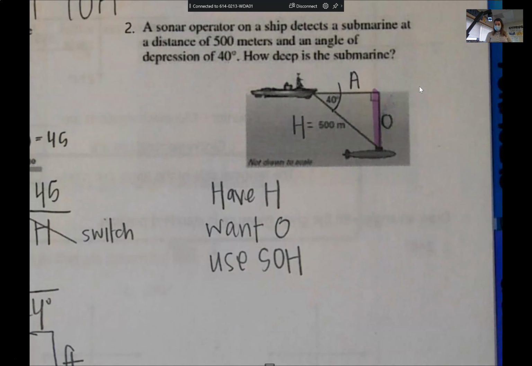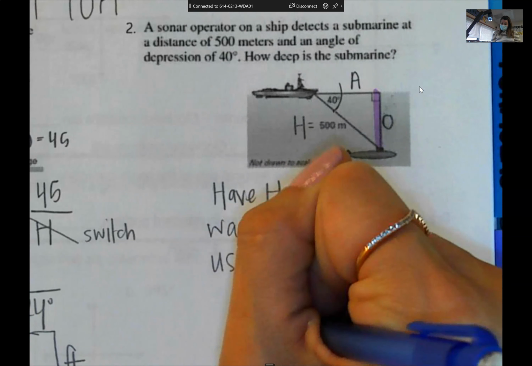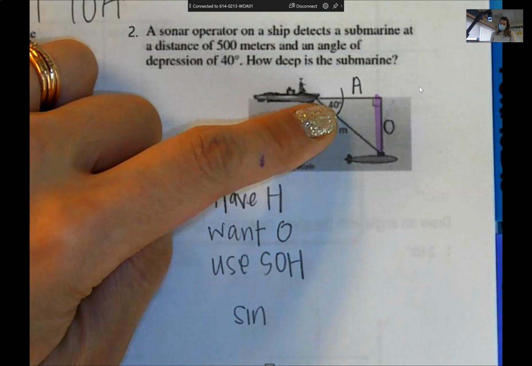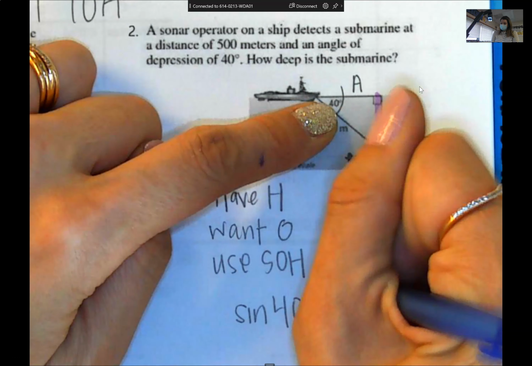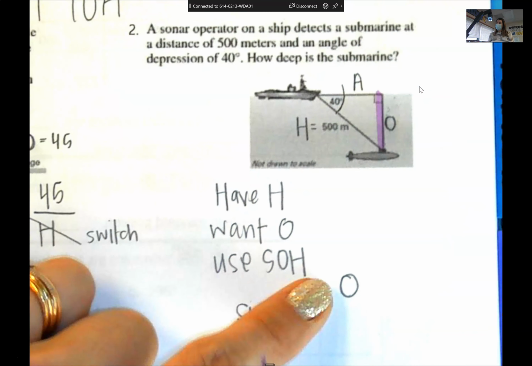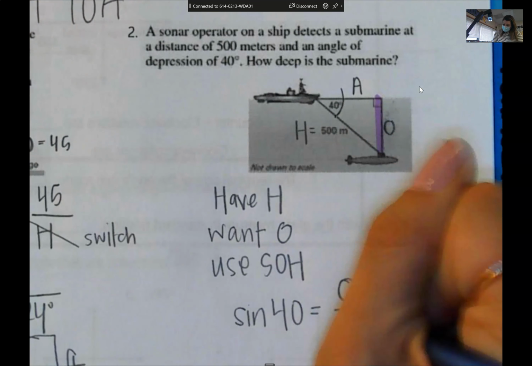So we will say sine of the angle that they gave us, 40, is equal to the opposite, which is what we're trying to find, O, over the hypotenuse of 500.